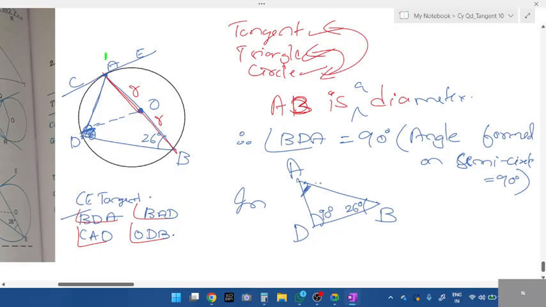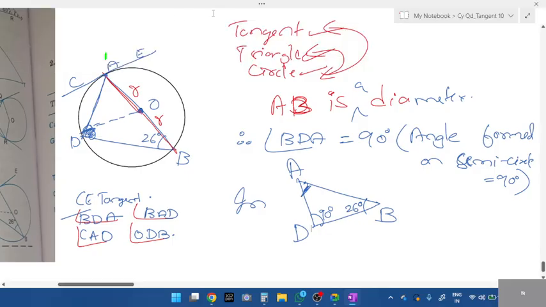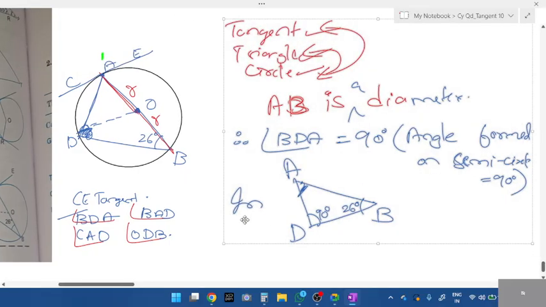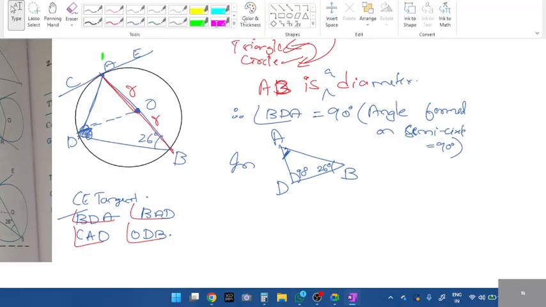Complete this question, students. Find the second point. Write it neatly. So BAD is a triangle. Take out the triangle and apply the sum of interior angles. If it is isosceles, apply the isosceles property.